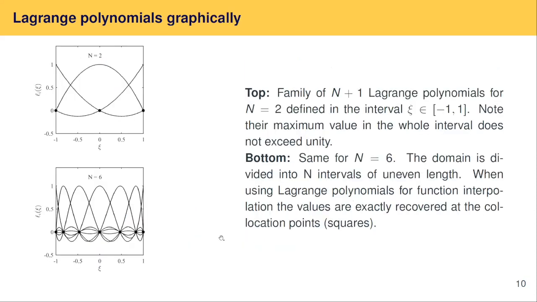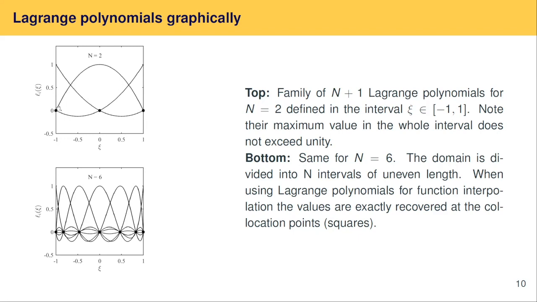Here are some examples. n equals 1 would be the linear case again, so you would have only one point at each edge. I think my code starts at n equals 2, but it would be possible to start at n equals 1. You would recover the linear finite element case.